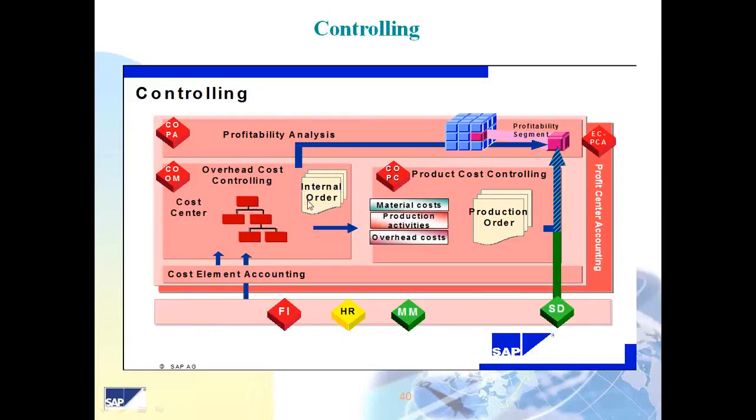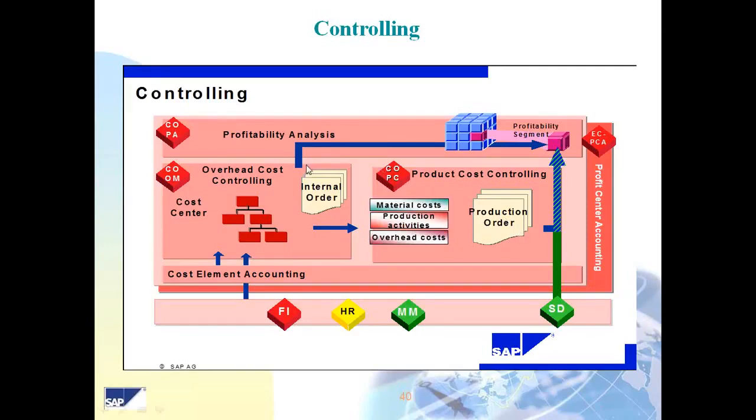Again, the data will flow from overhead management to product costing by means of allocations, through the cost sheet and through activity types. And finally, we are going to get the production order.